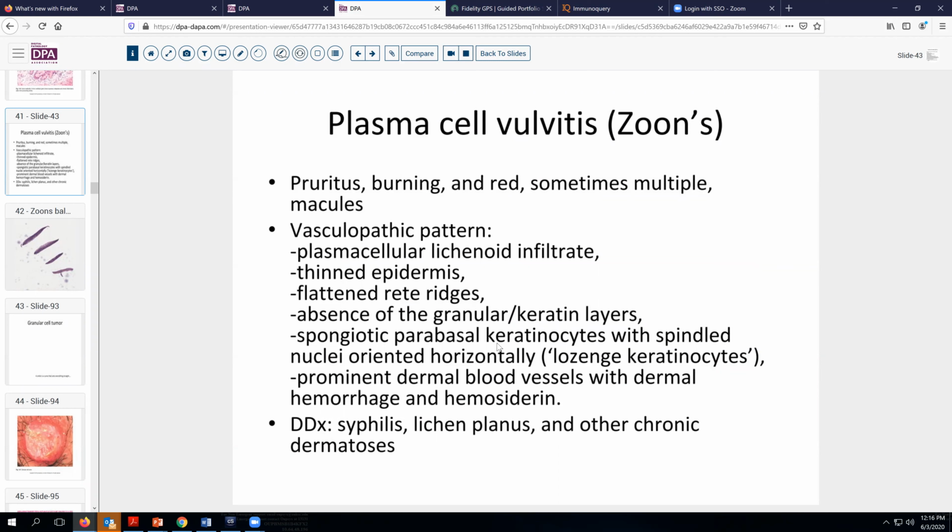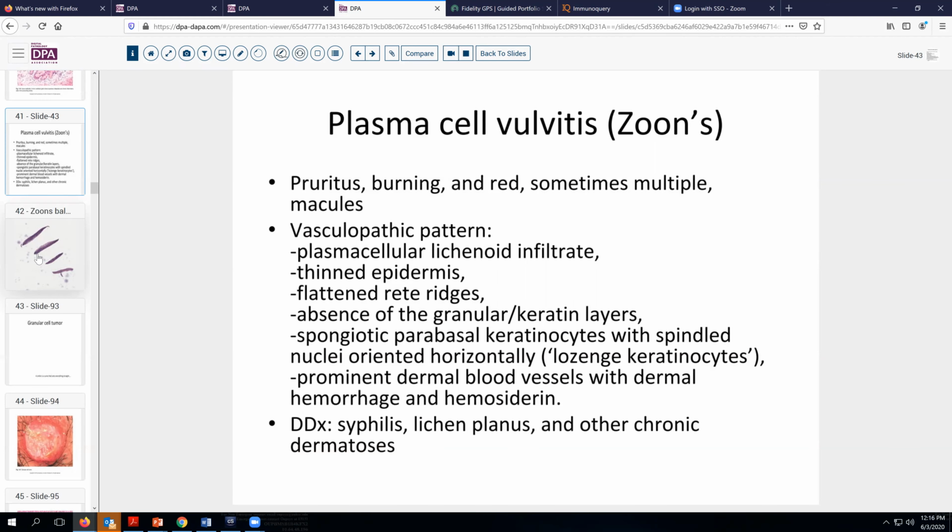The deep keratinocytes can become somewhat spongiotic because this is where the inflammation is going on, and that's been termed lozenge keratinocytes. They look like little lozenges that you put in your mouth for a cough. The differential diagnosis includes syphilis, lichen planus, occasionally lichen sclerosus, perhaps.